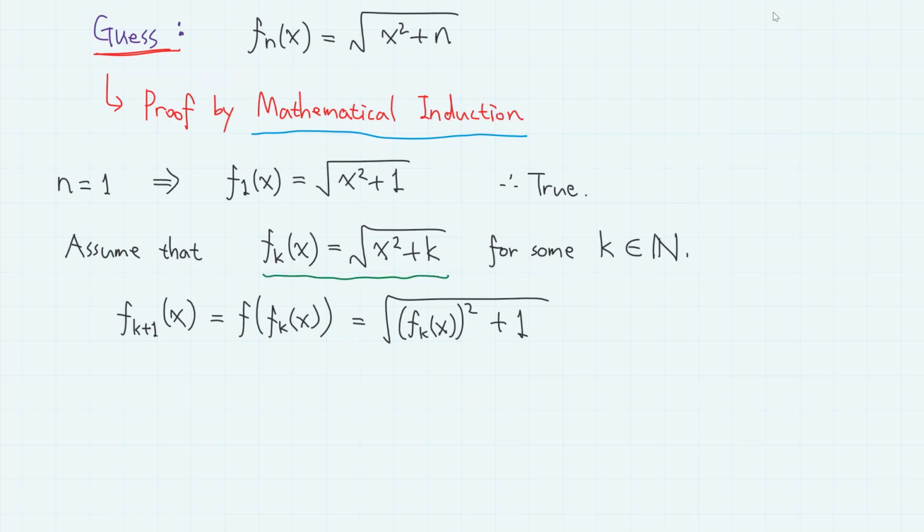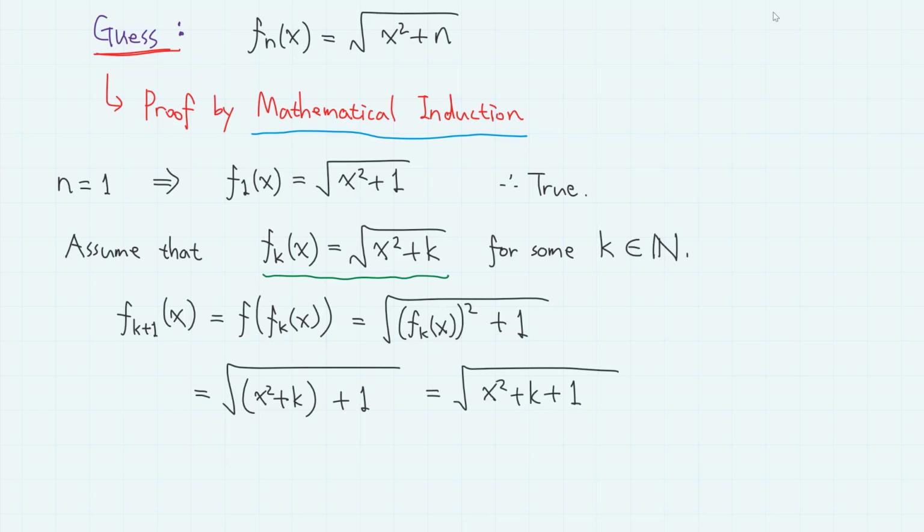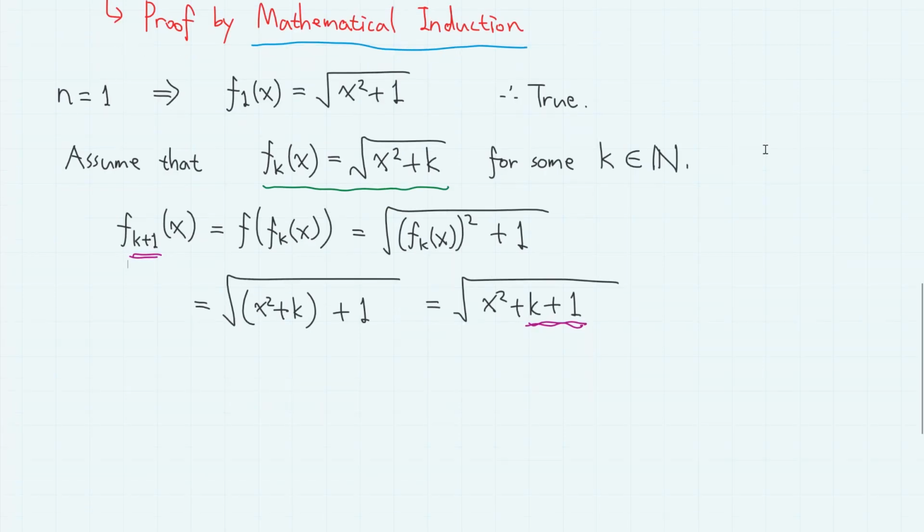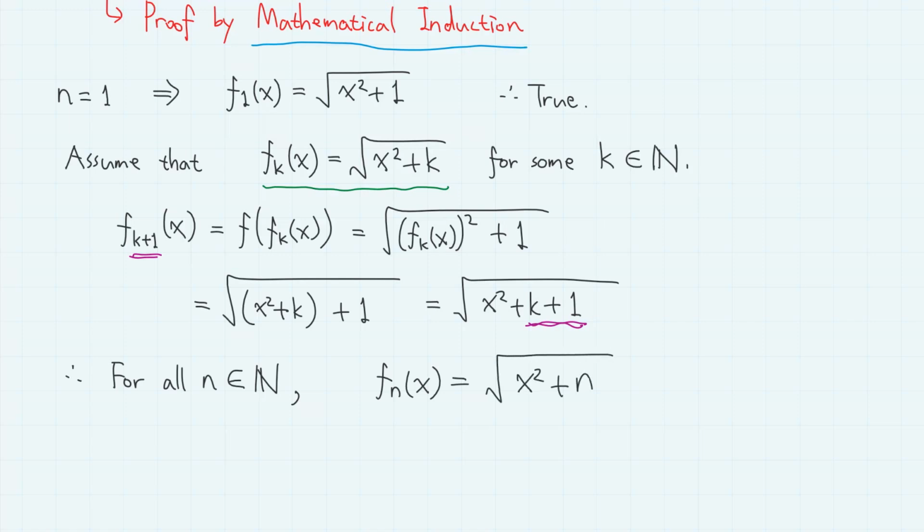Using our assumption, we have square root of x squared plus k plus 1, which gives square root of x squared plus k plus 1. So the expression is true when n equals k plus 1. Therefore, by mathematical induction, for all natural numbers n, f_n(x) is given as square root of x squared plus n.